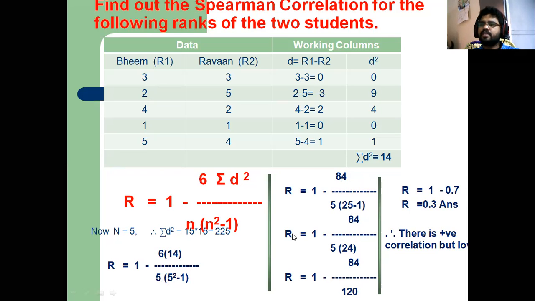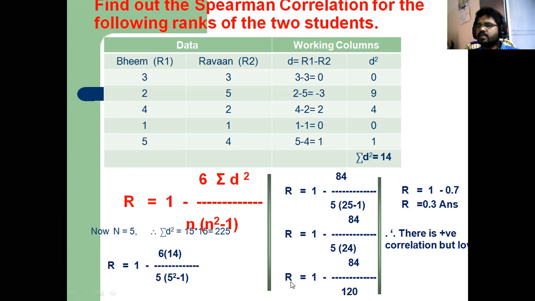Then the next step, r is equal to 1 minus 84 divided by 5. You can take 5 as it is, 25 minus 1, 24. The next step, r is equal to 1 minus 84 divided by 5 into 24. So 5 into 4, 20, and 5 into 2, 10, 100. So 20 plus 100, 120. Then 120.